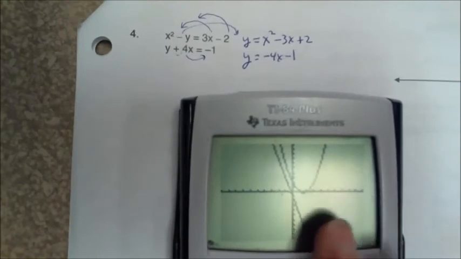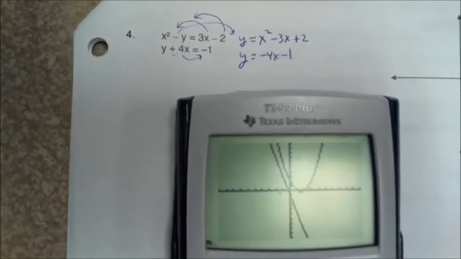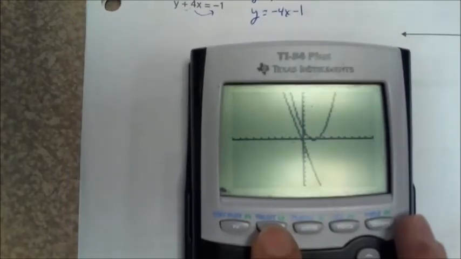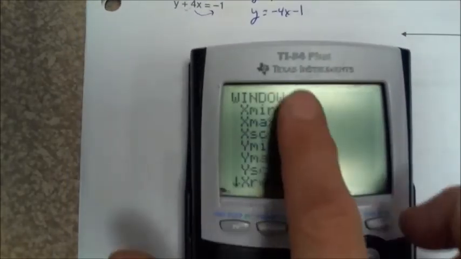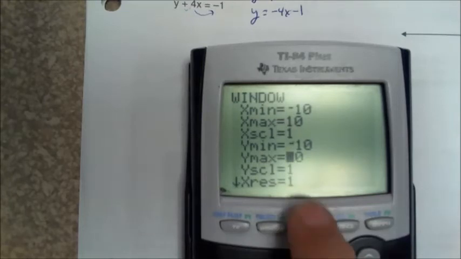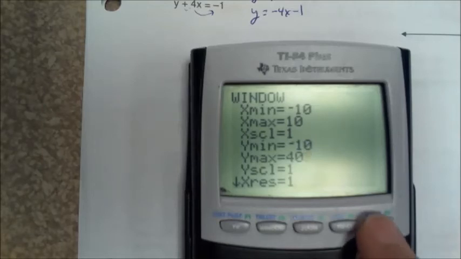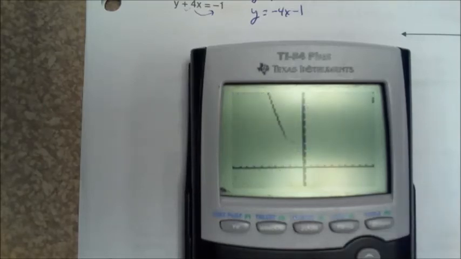Oh, it looks like this line doesn't touch this parabola at all. I'm going to just make sure. I'm going to change my window. If I want to see higher up, I have to change my Y max. I'm going to change my Y max to like 40 to get up kind of high on this graph. Let's take a look at it with a new window.